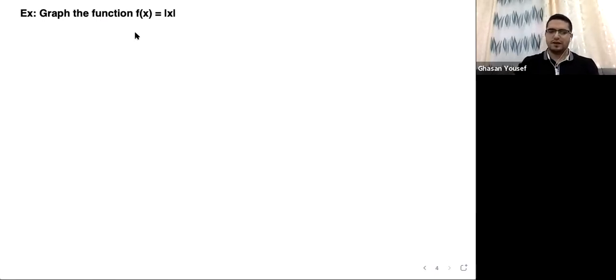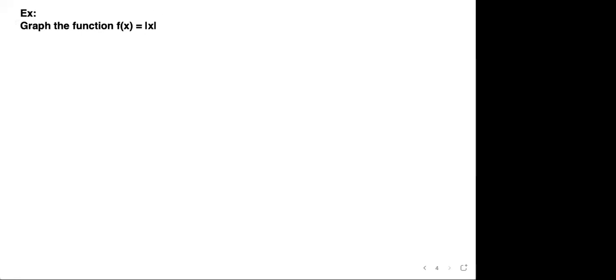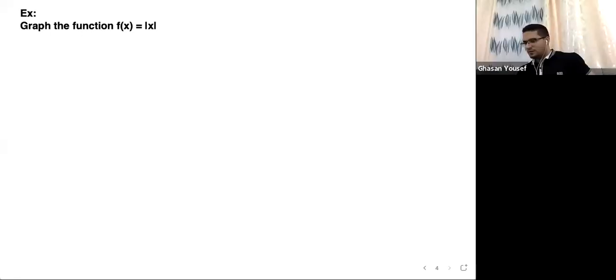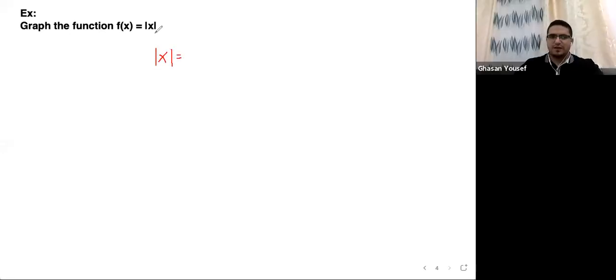Okay, first of all, what is the definition of this function? How can I define this function? All values of y, x is always positive, maybe? Yes, this function turns the negative numbers to positive and doesn't change the positive.